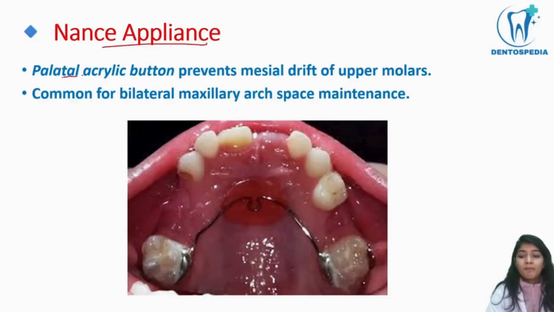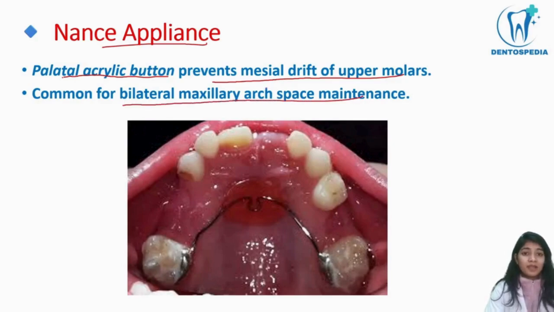Next, there is a palatal acrylic button which prevents the mesial drift of the upper molars. It is common for bilateral maxillary arch space maintenance. A wire connects the upper posterior teeth to the acrylic button that rests on the roof of the mouth, which is the palate.